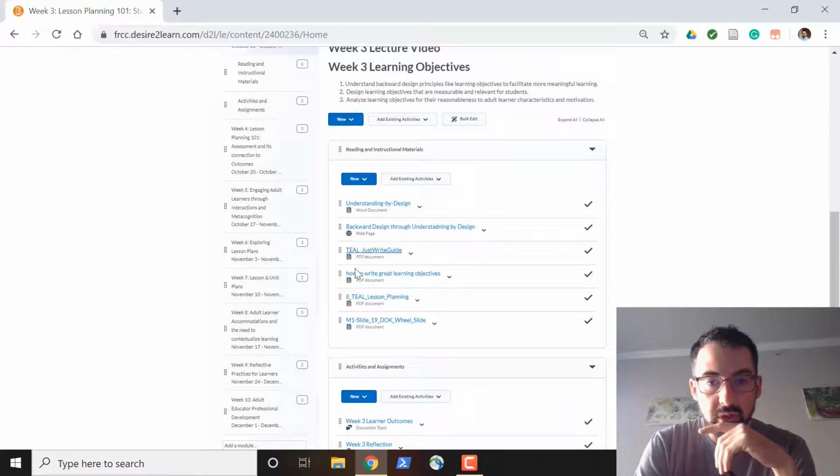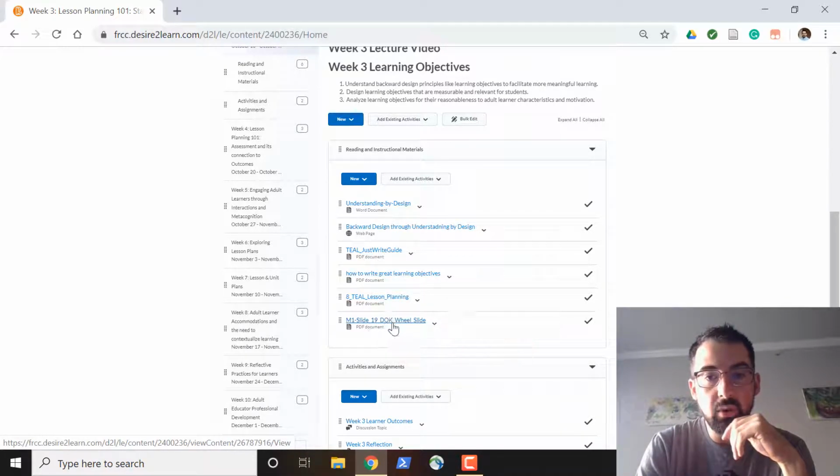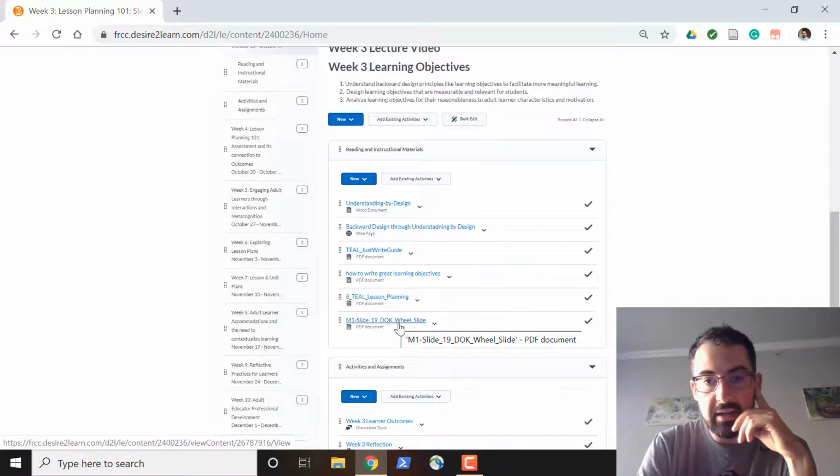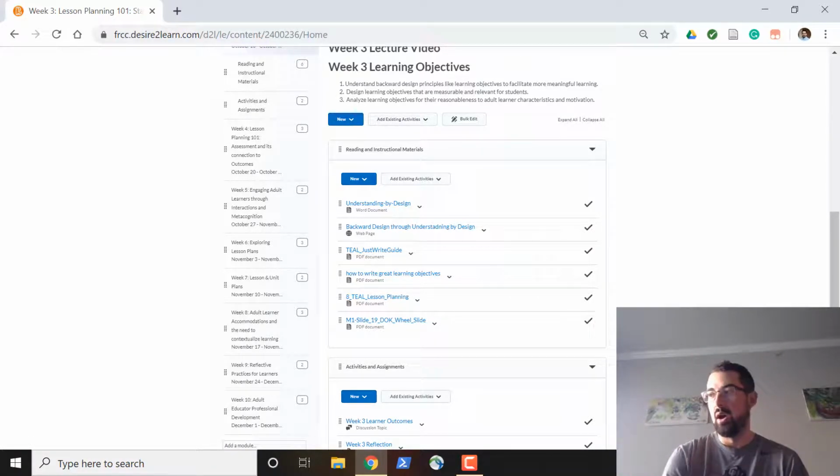Then we have some additional readings and materials on lesson planning. This is a depth of knowledge, or a Bloom's taxonomy, and this is where the action verbs that I was talking about, like list, organize, come in. When we want our students to do something, what are we having them do? That starts with recall.